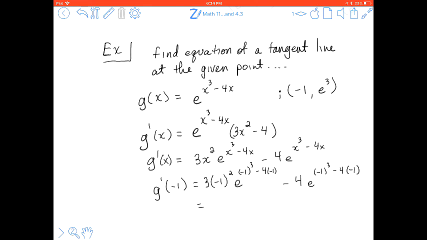So right here, -1 squared is 1, so that's 3. And then e, and then right here, -1 cubed is -1, and that's a plus 4. -1 plus 4 is 3, so 3e cubed minus 4, and then again, -1 cubed is -1, and then that's plus 4.